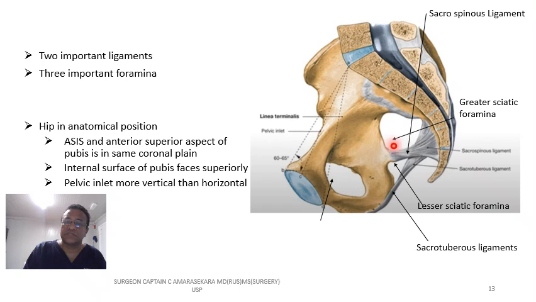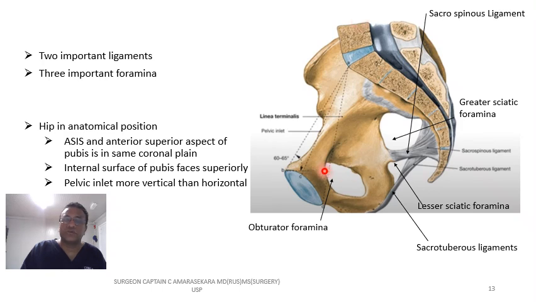It is bounded by the sacrospinous ligament and posteriorly by the sacrotuberous ligament. This is the gateway for structures exiting from the pelvis to the gluteal region, especially the sciatic nerve. And this is your lesser sciatic foramen. It allows re-entry of structures into the perineum, especially the pudendal nerve.